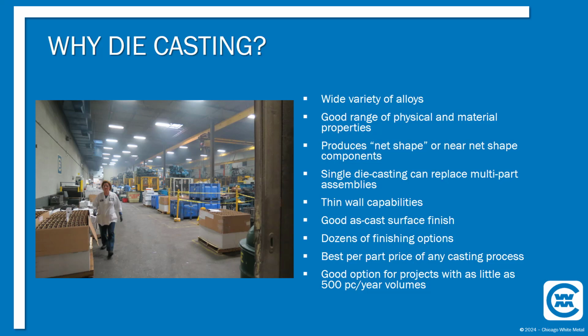Typically, we'll see volumes in the 2,000, 3,000, 4,000 pieces per year numbers and up is where die casting becomes much more economical when you factor in the tooling cost. But again, there are times when at 500 pieces a year, you can justify it, and it's a great cost reduction for something else that you're doing.